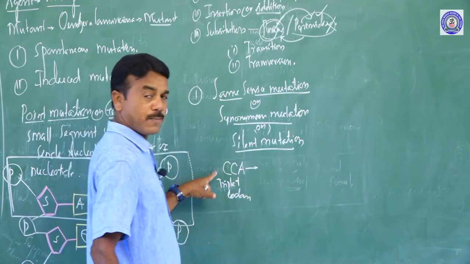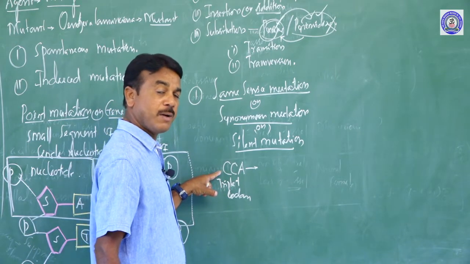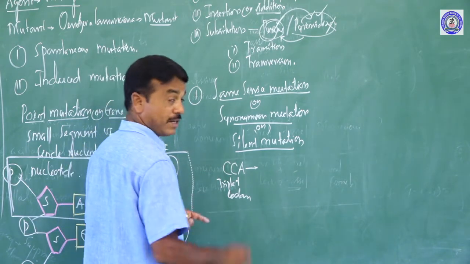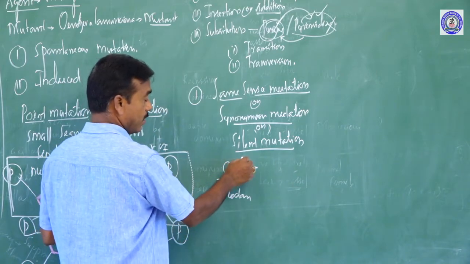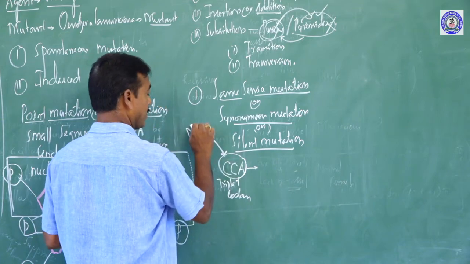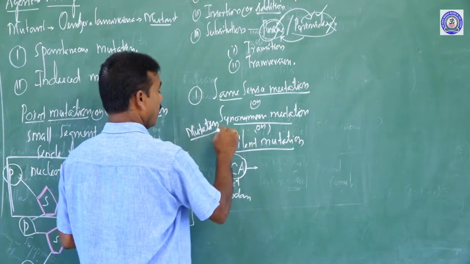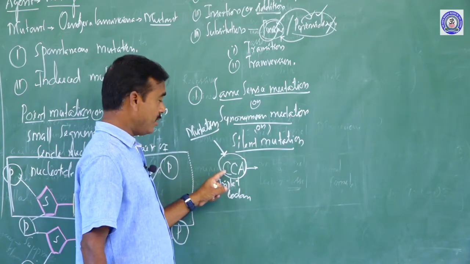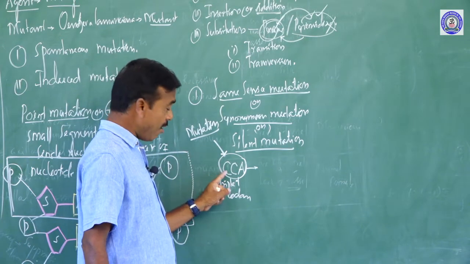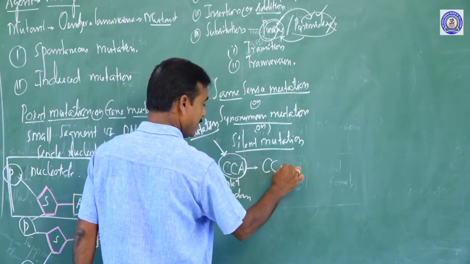This is one codon, such a sequence that is responsible for producing one kind of amino acid. But here CCA undergoes a mutation. With the help of mutation, the code can be altered. How to alter the code? CCC.